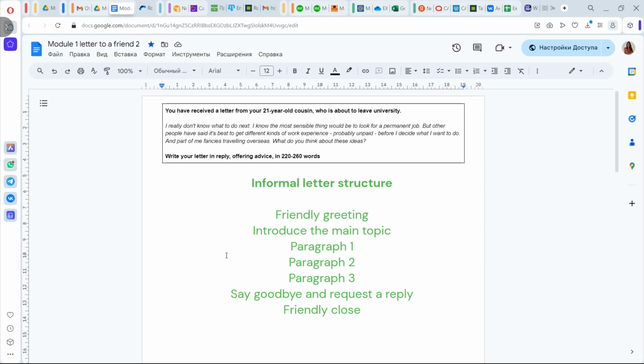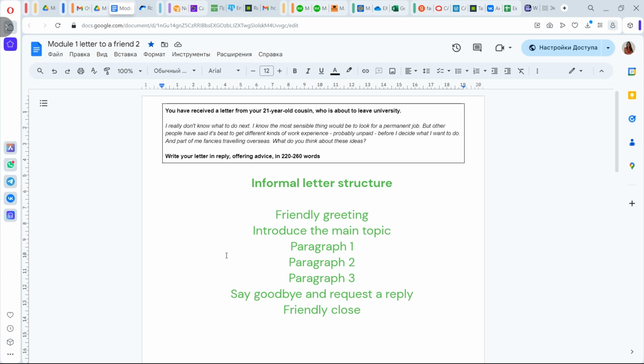Then let's move on to the next paragraph, paragraph 1. So here we need to deal with the first point included in the question with reasons and examples. Then comes the second paragraph. Here we need to develop our next main point with reasons and examples.